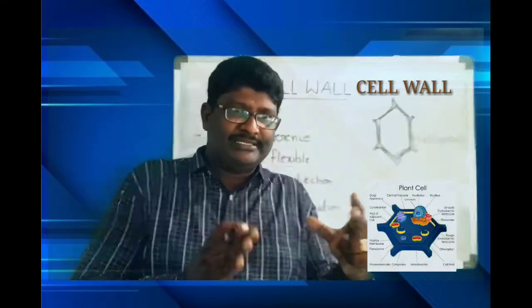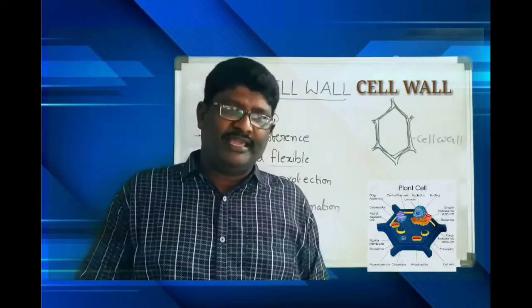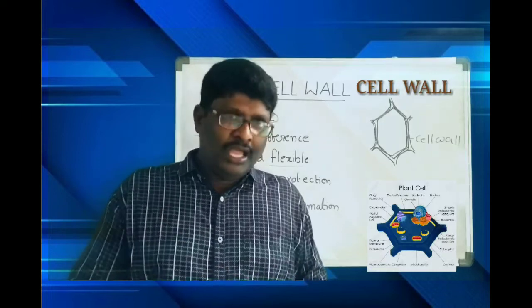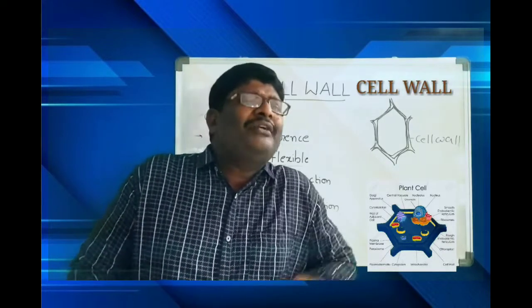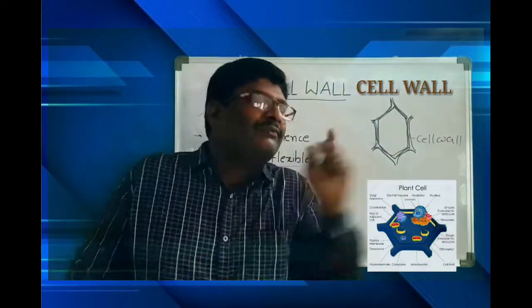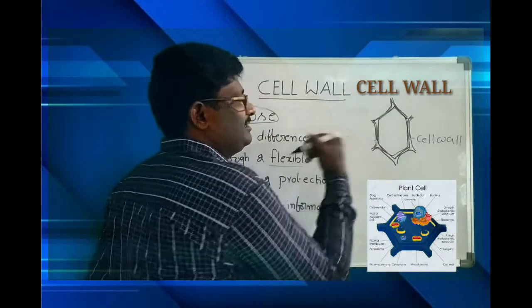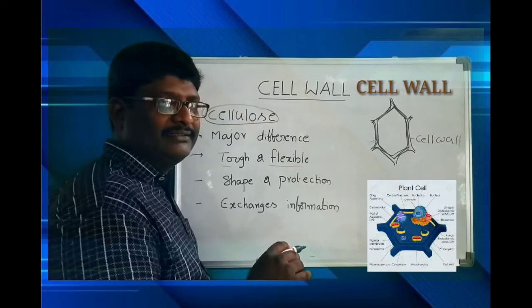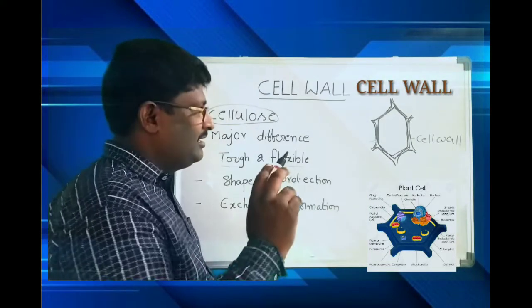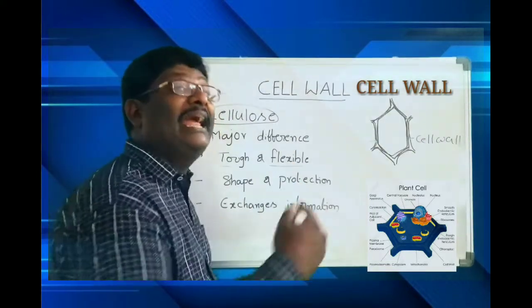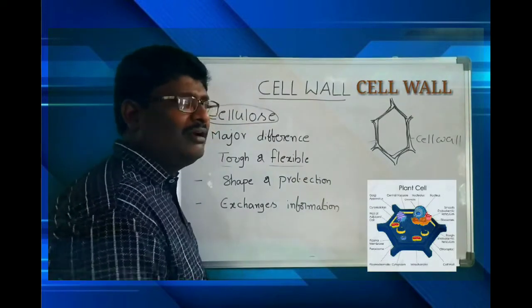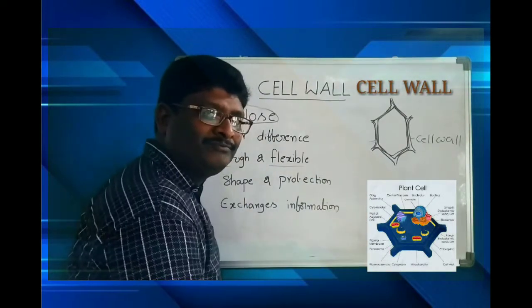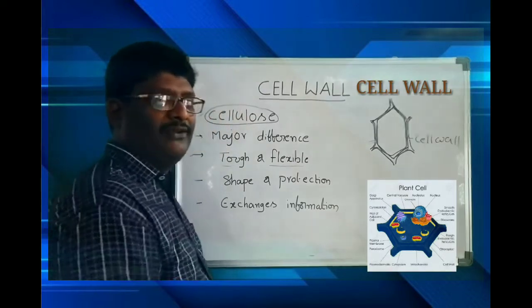Cells are there side by side. A group of cells is called tissue. So, in the tissue, how is the information passing from one cell to another cell? With the help of this cell wall. That thing was found out by the scientists later. But before, they thought that there is no use with this cell wall.